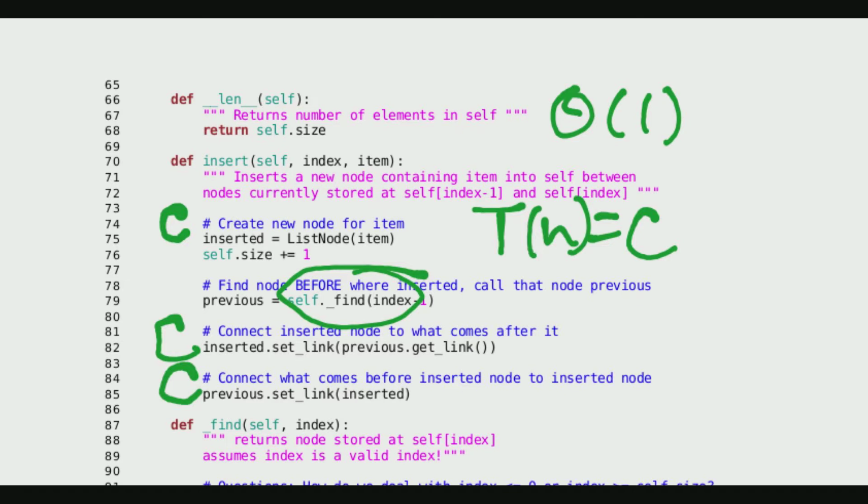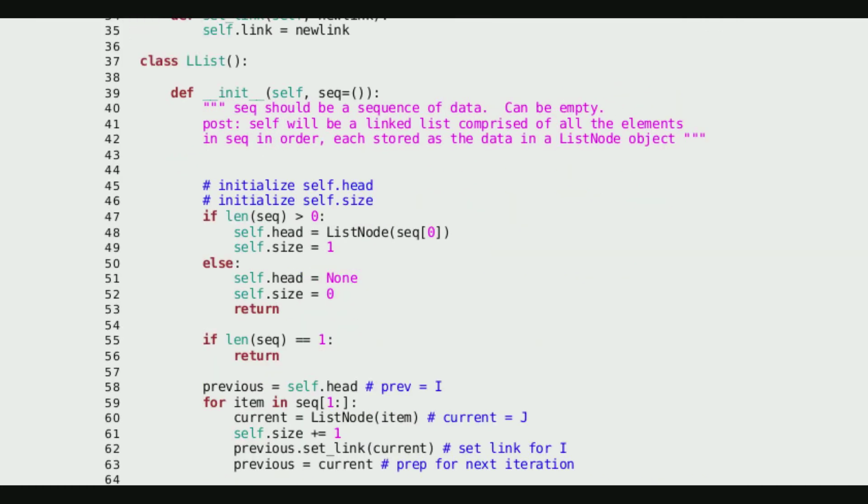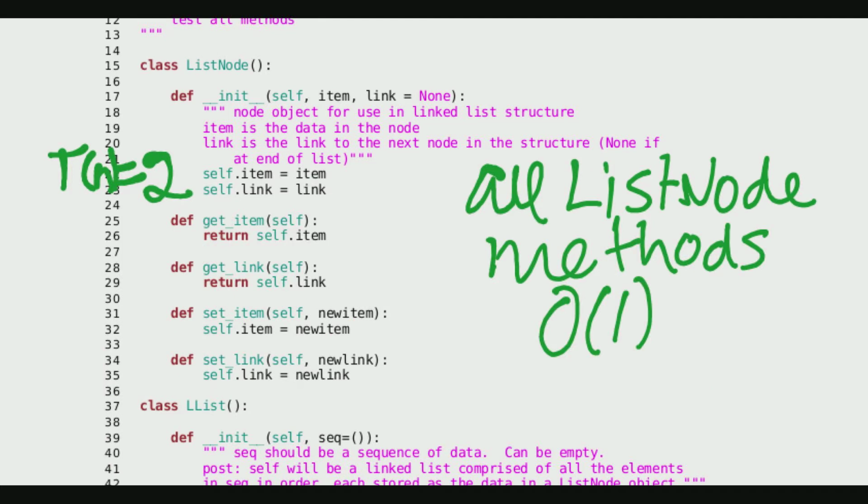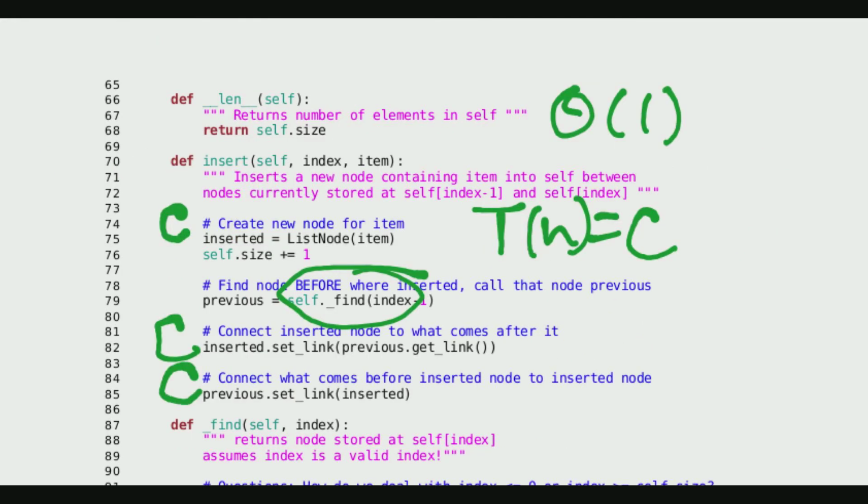There's a function call here, a function call here, but these functions we just looked at and we know that they are 1 or maybe 2 operations, but they're all big O of 1, so they're just constant operations.